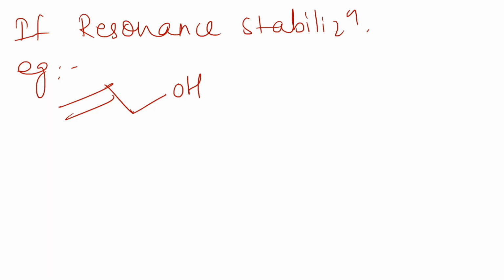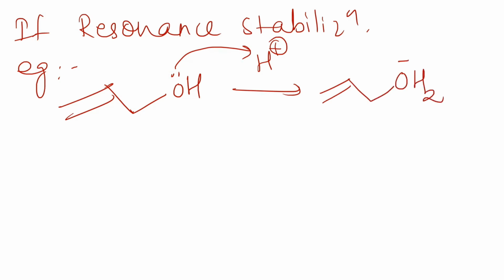So what will happen to this? H plus is here and this will be attacked. So I have this OH2 plus positive charge. This bond is giving both the electrons, so that water is left, and I have this positive charge here.